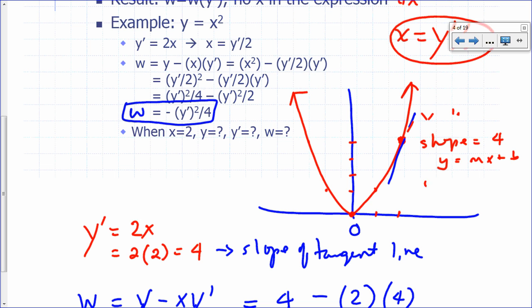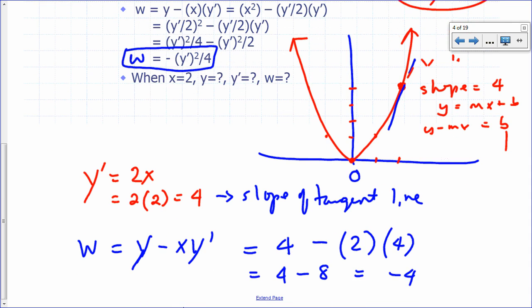So if I were to subtract mx, I would get b, right? mx from y. But y minus mx is really nothing more than y minus x y prime, right? Because my slope here is y prime, correct?